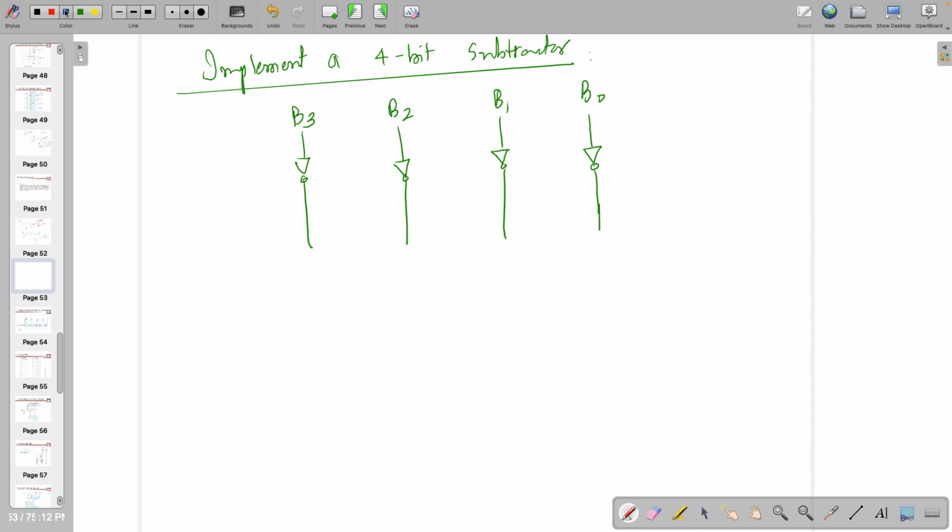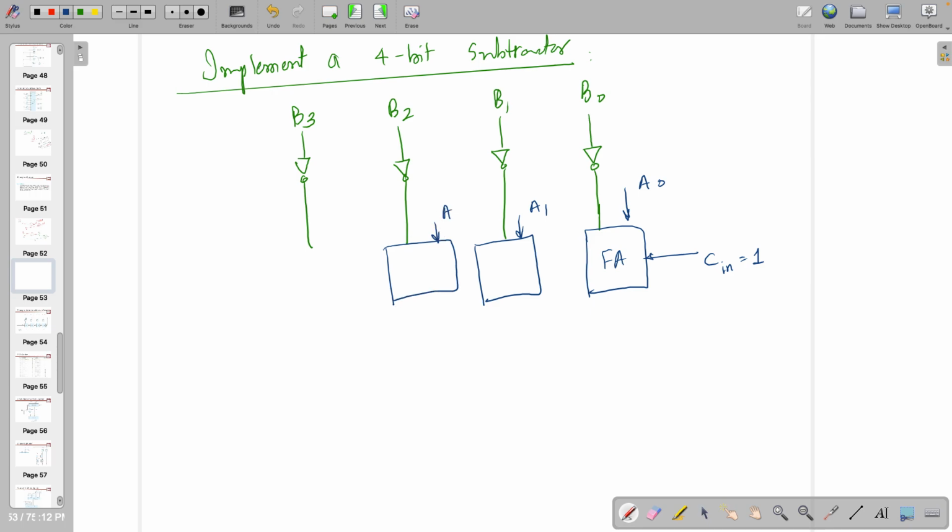And I am giving to a full adder where carry is also equal to 1. And I am adding 4 numbers. Note that this solution is only for unsigned numbers. If it is a negative number, then you have to add something further.